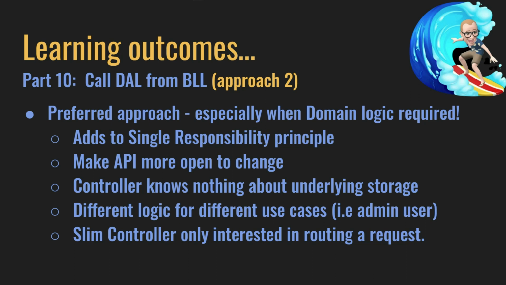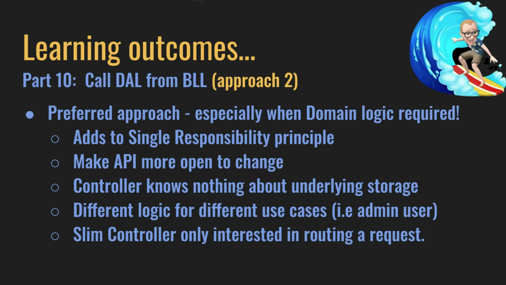By the time we've finished this video, the controller will know nothing about the underlying storage. So the sports management system web API controllers won't know anything about what data provider is used for getting the data, where the data lives, if it's a hard-coded list, if it comes from a file, if it comes from a SQL database, if it comes from a NoSQL database.